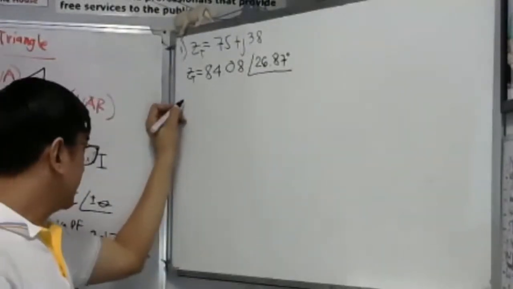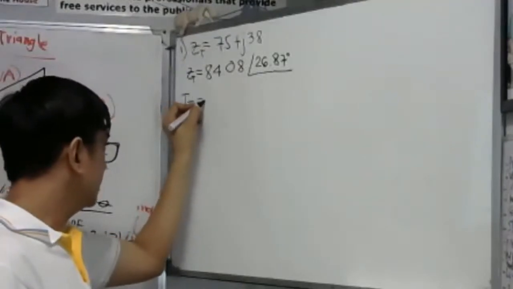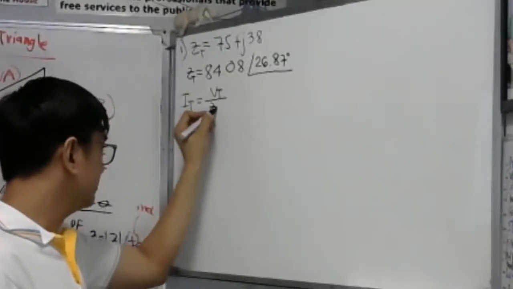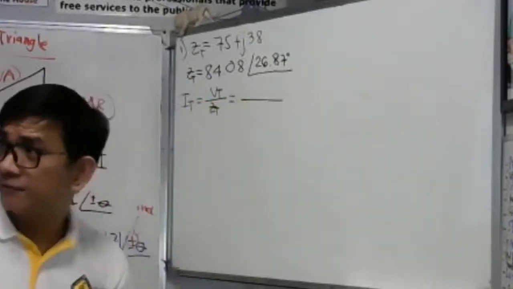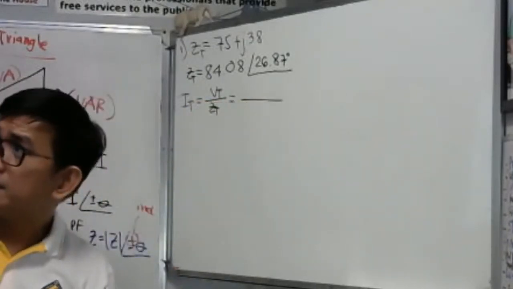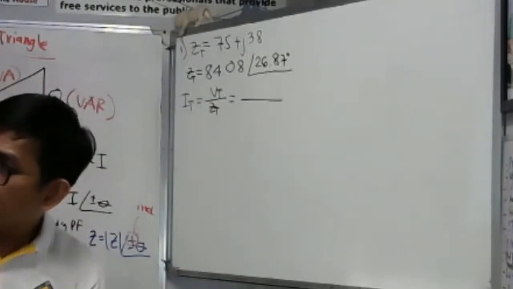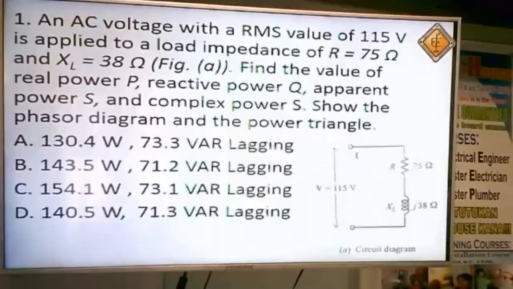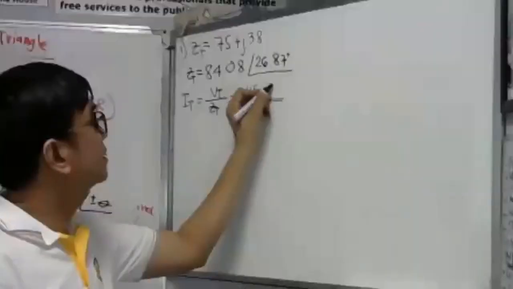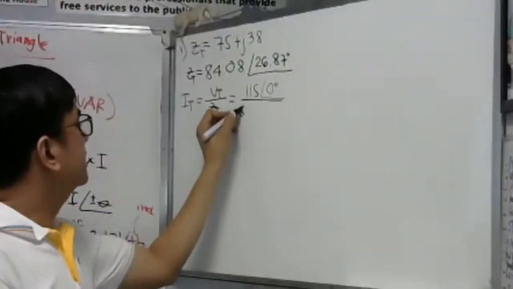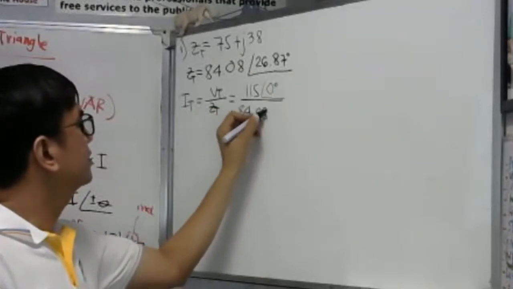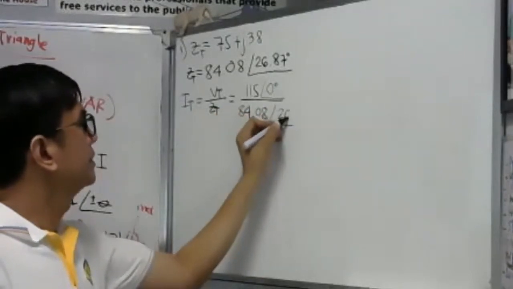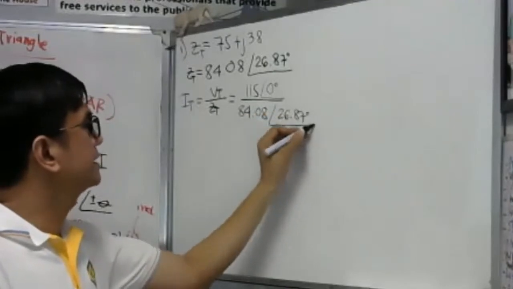Let us get our current. By Ohm's law, that is equal to the total voltage over total impedance. Our total voltage is 115 volts, as given. There is no given angle for our voltage, so that is automatically 0 degrees. Our impedance is 84.08 angle 26.87 degrees.